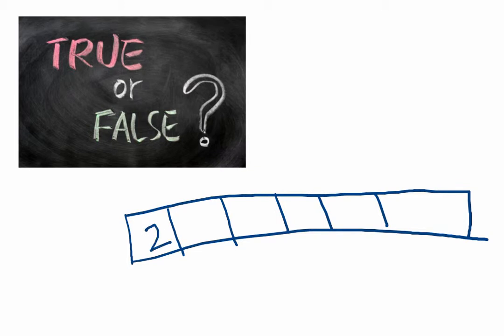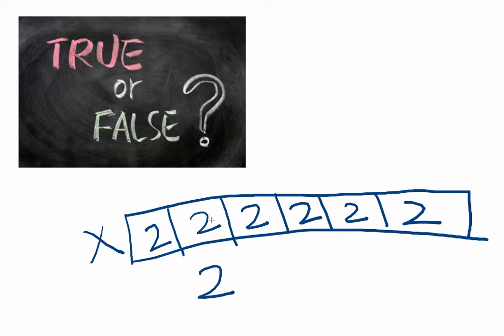Again, it's 2, 2, 2, 2, 2, and 2. If I multiply all this, I will get 2 to the power of 6. So these are the number of ways I could answer 6 questions, okay, by using this method. Let's move on.